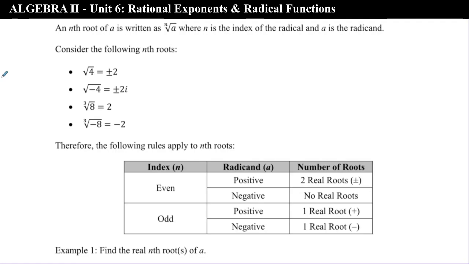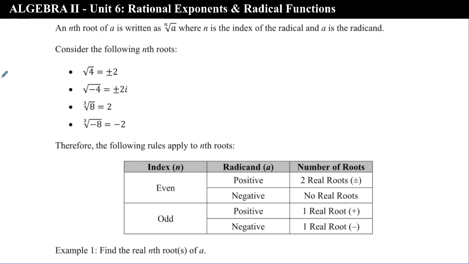If your index is odd, you're always going to have one real root. If the radicand is positive, then you have one real root that's positive. If what's under the radical is negative, then your one real root is going to be negative. I think the odd index is fairly straightforward: you're going to have one answer.